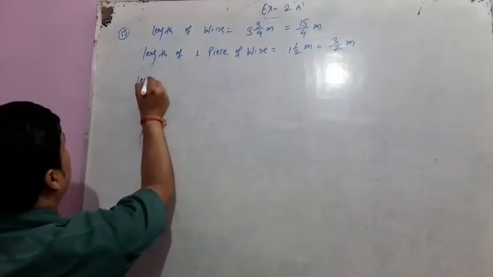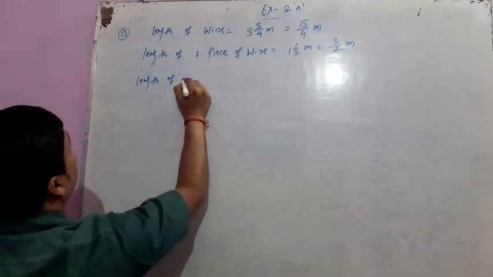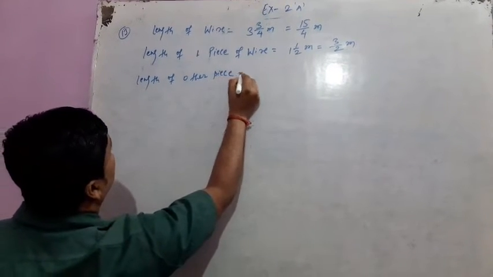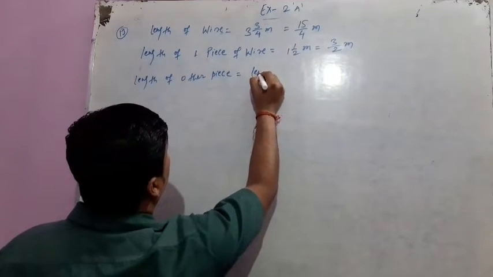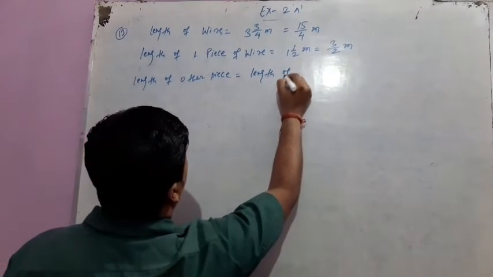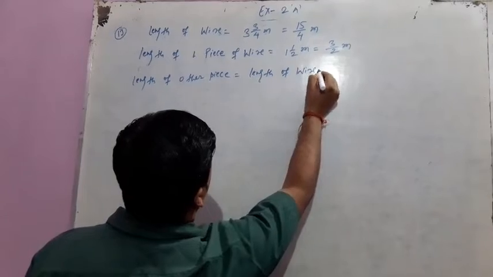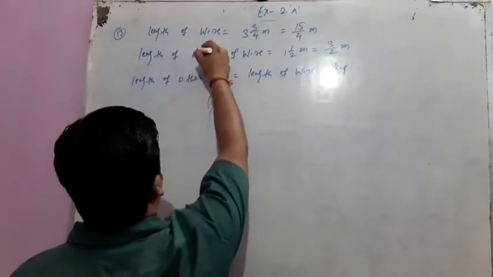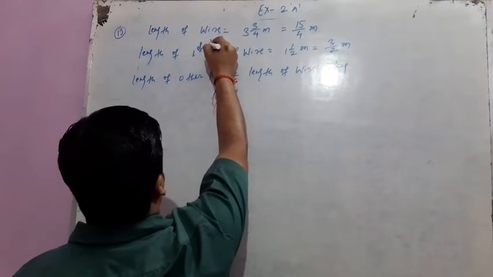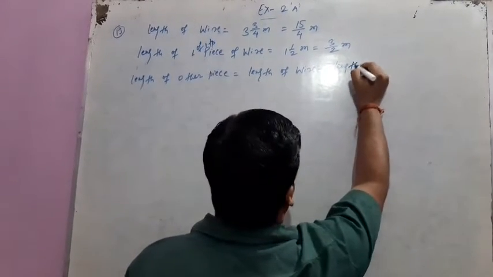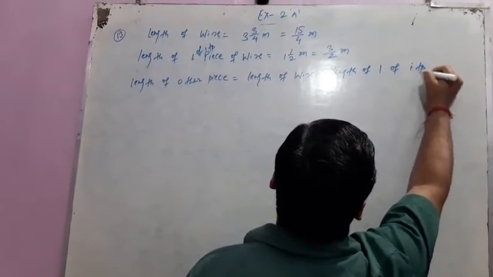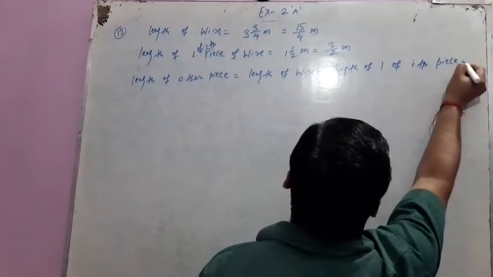So the length of the other piece is equal to the length of wire minus the length of one of its pieces.